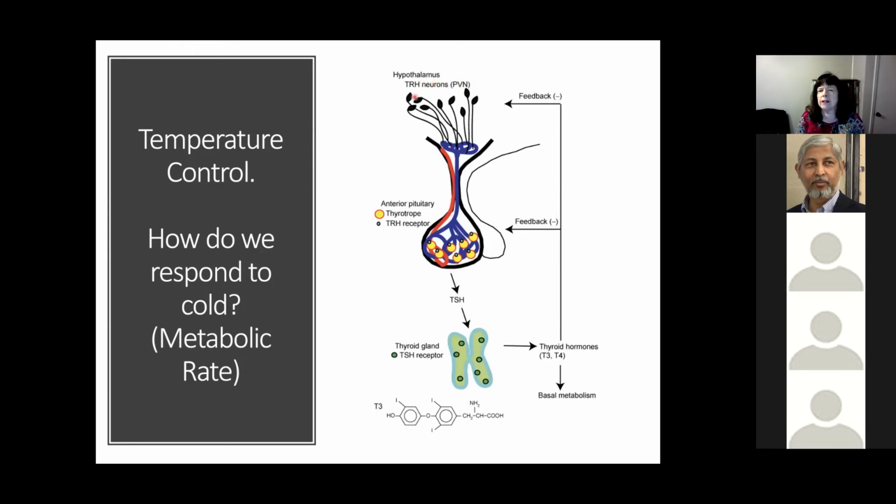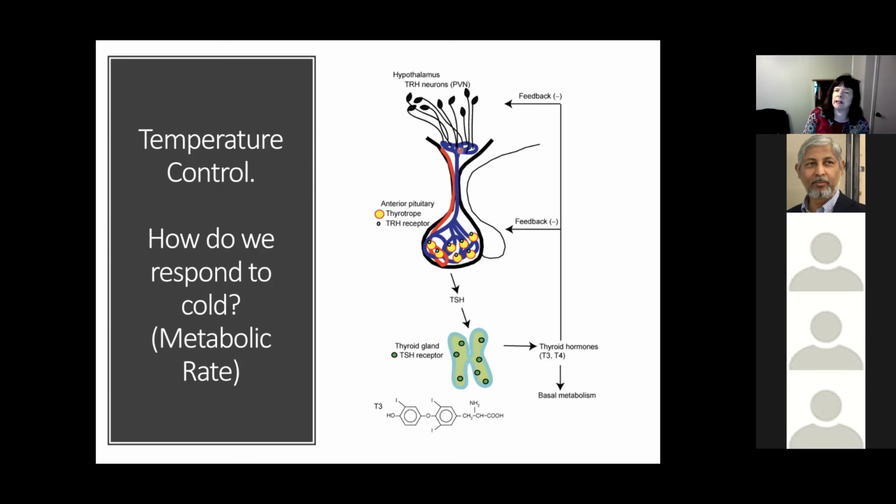And these neurons produce a hormone called thyrotropin releasing hormone, or TRH. And TRH is produced by the neurons and then sent in packages in little granules down to be released in the stalk median eminence capillaries here.